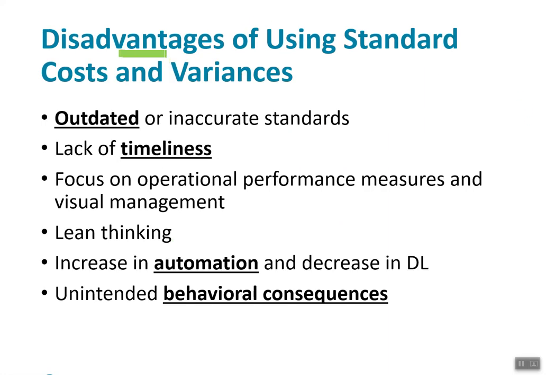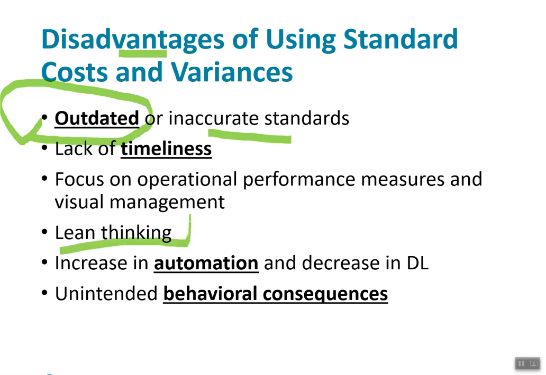Okay, some of the disadvantages of using standard costs and variances. Those standard costs can become outdated relatively quickly, and that calls for an inaccurate standard. The lack of timeliness, okay, because some companies like to have just in time and up to date, everything has to be done exactly as fast as possible, which is where that lean thinking comes in again.